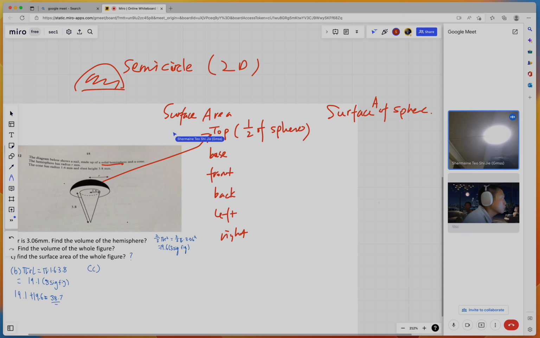Yes or no? No. If you don't have it, do you think you can solve? No. Then it's all about the formula. If you don't have the formula, you can't solve anything. Simple as that.